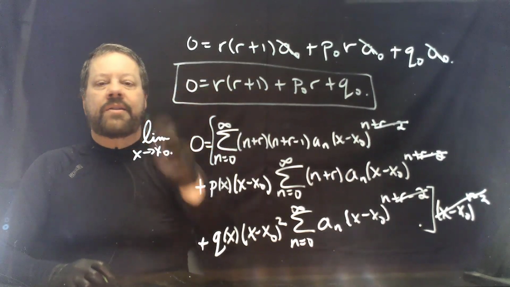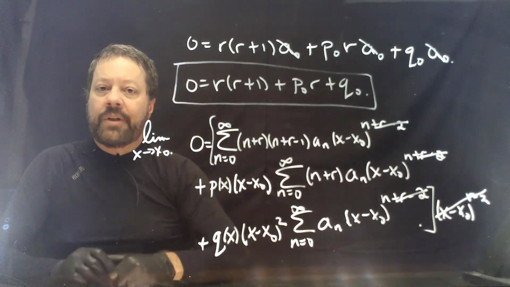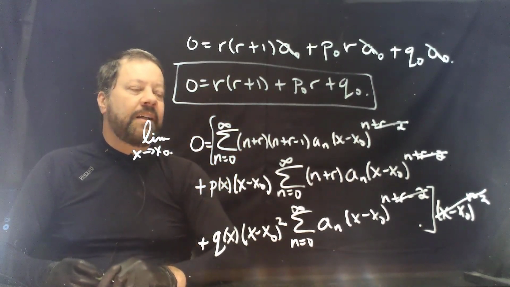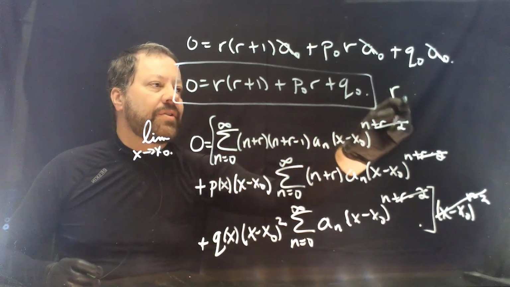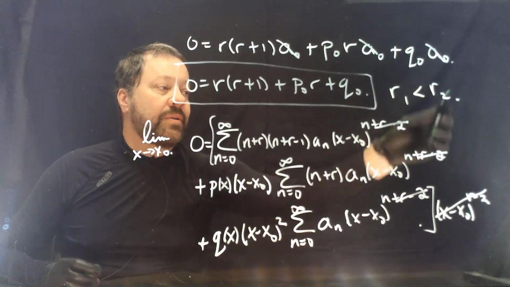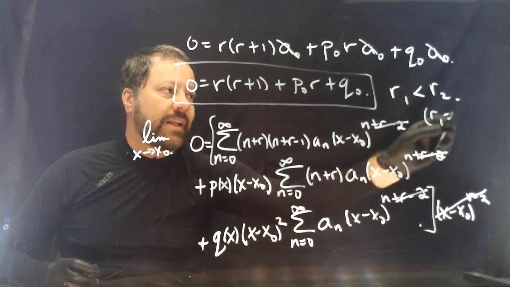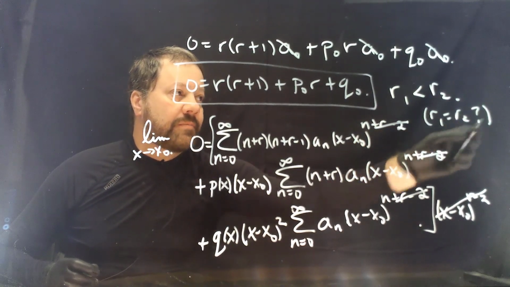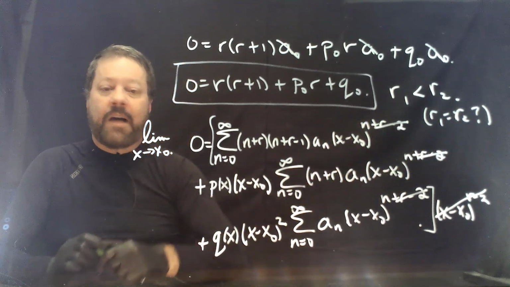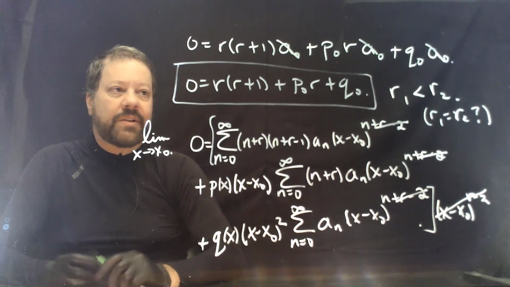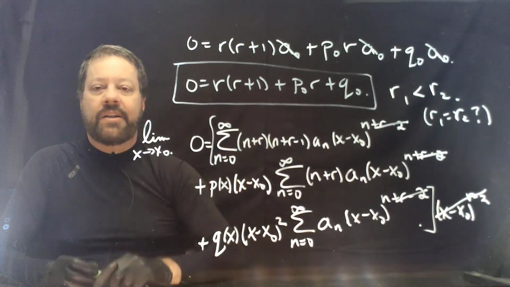Which restricts the values of r that will give you solutions. In fact, you can see that we'll have a quadratic giving us solutions r1 and r2. It is possible to have r1 equal to r2. But nonetheless, we'll have up to 2 distinct real solutions to the Indicial Equation.